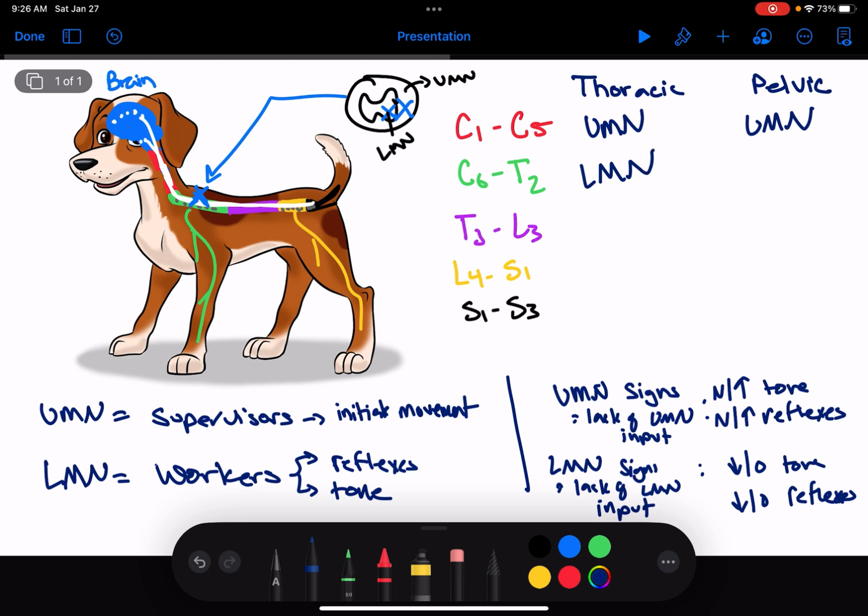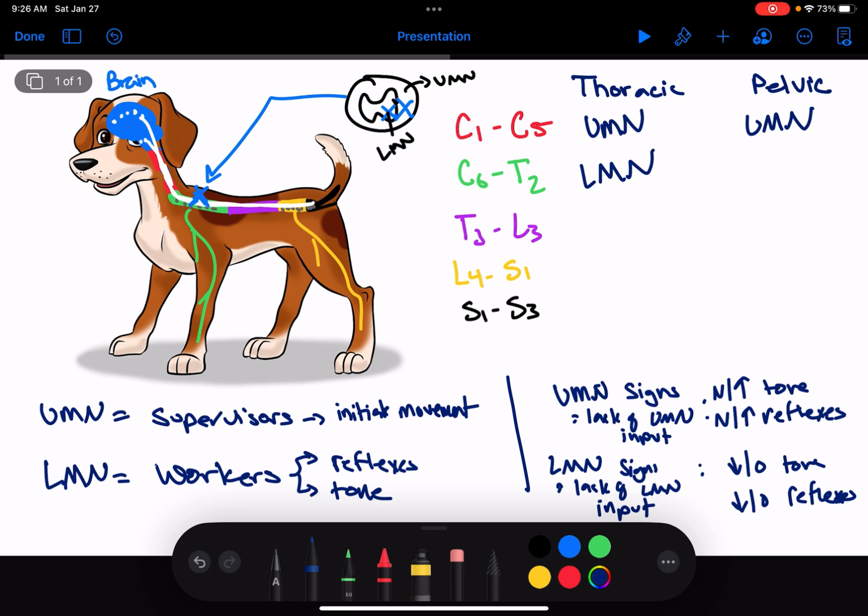Okay? Now, if we start looking to the pelvic limb, well, the pelvic limb is very similar to the scenario we just talked about with a lesion at C1 to C5. At this level, we're still dealing with upper motor neuron white matter tracts as they travel through the spinal cord and are heading down to the lower motor neurons living in the pelvic limb.